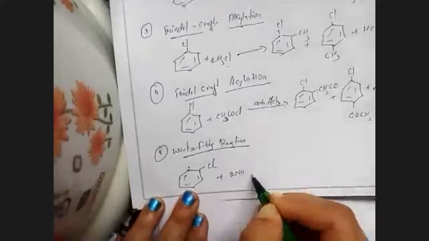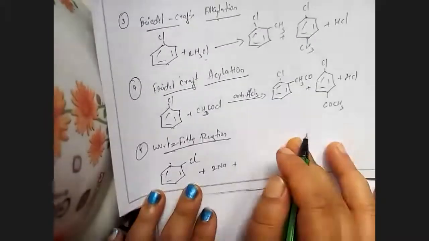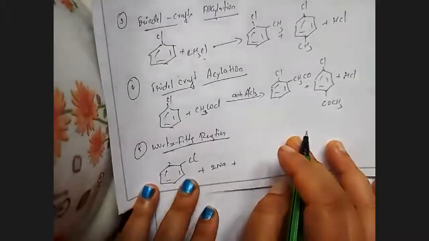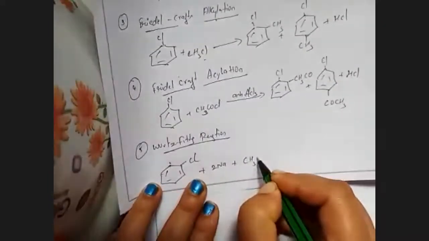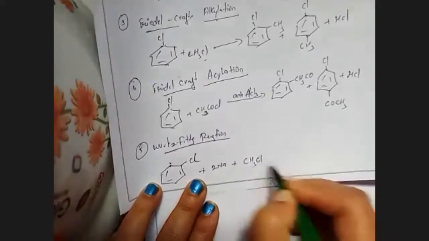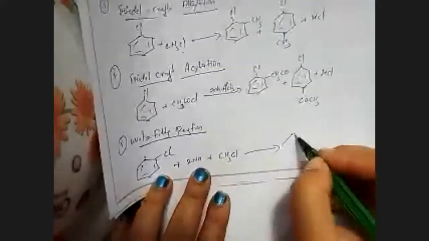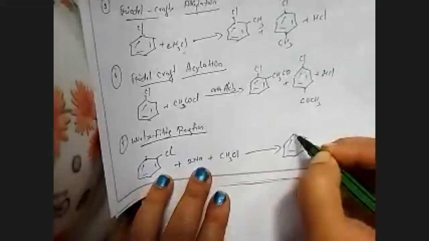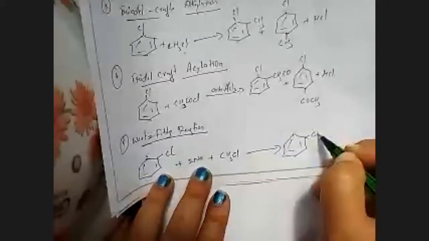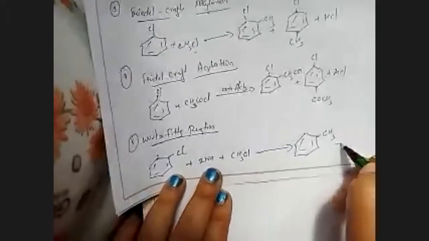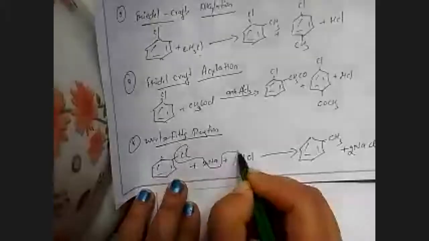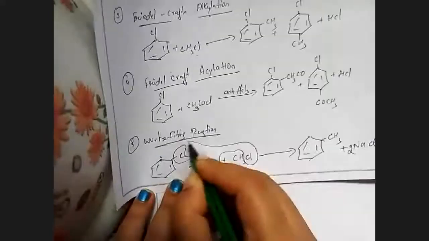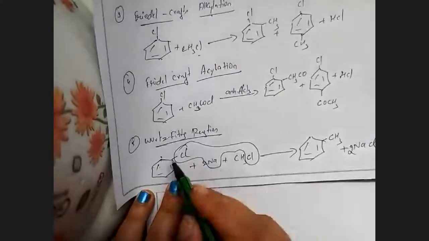If you add sodium with CH3Cl, you will get the CH3 group attached plus NaCl. So this is separated, and the R group attaches directly to the benzene.